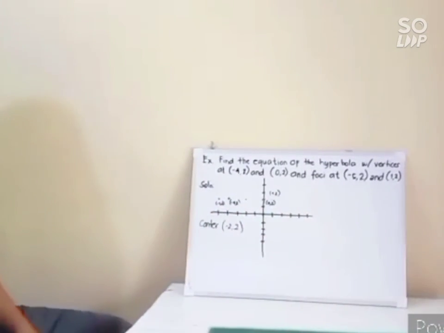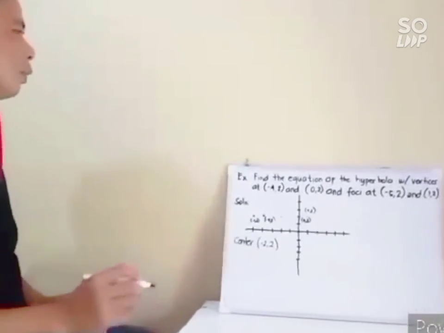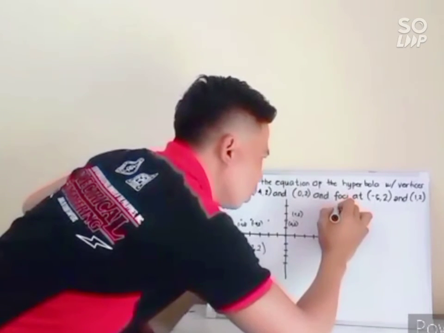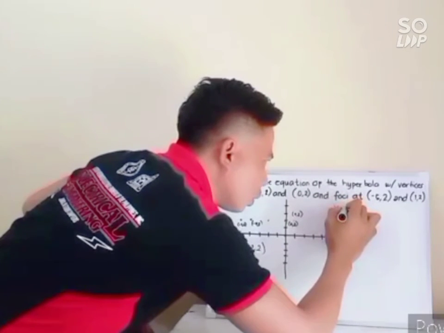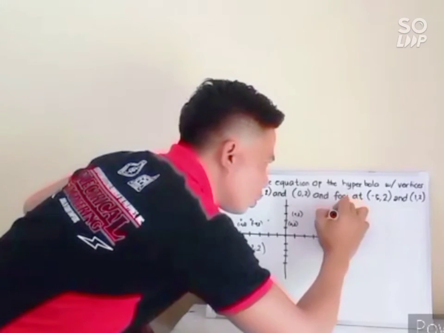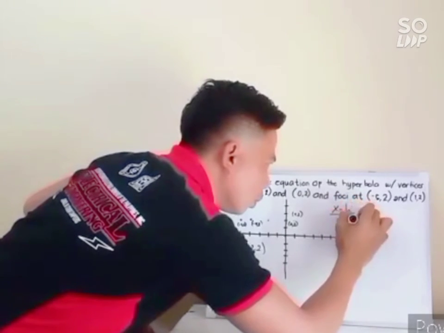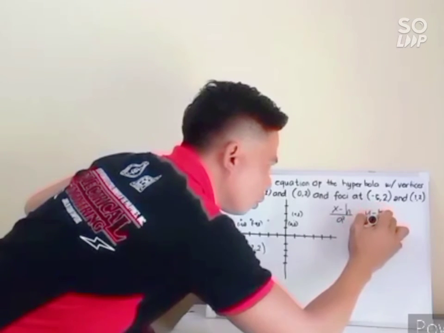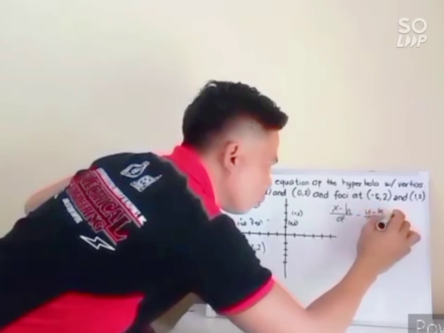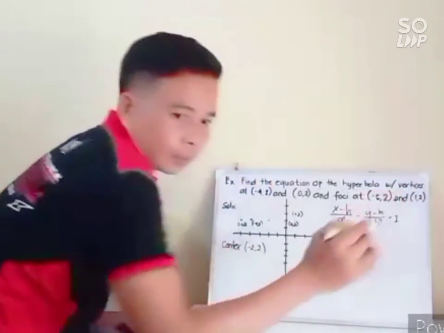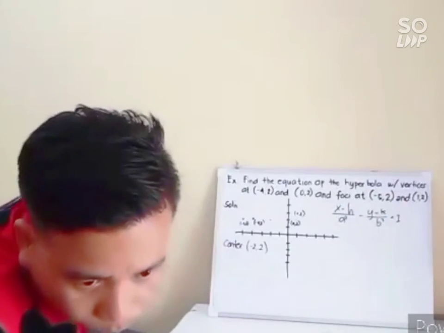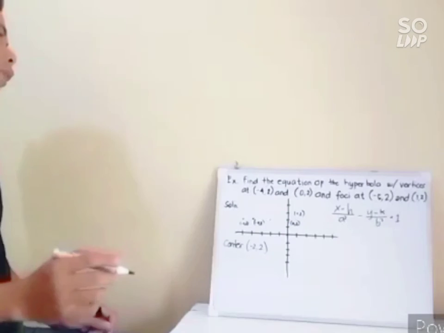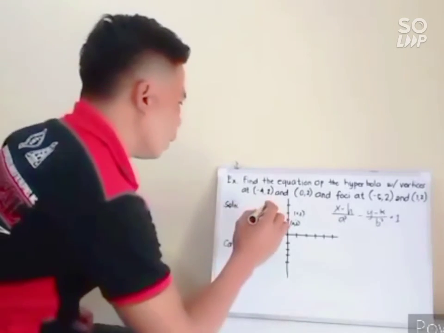From here, we can get our A from the standard equation: (x minus h) squared over a squared minus (y minus k) squared over b squared equals 1.